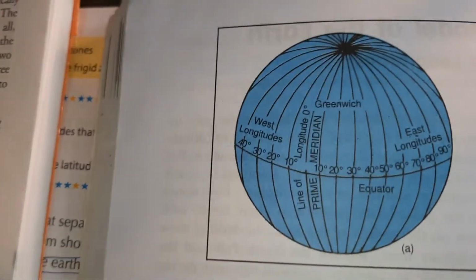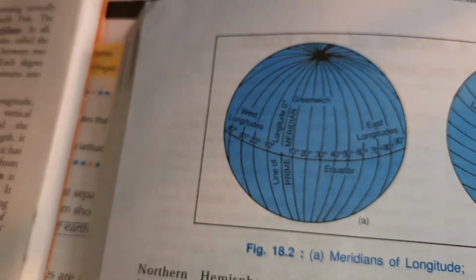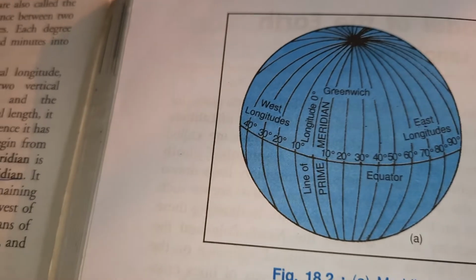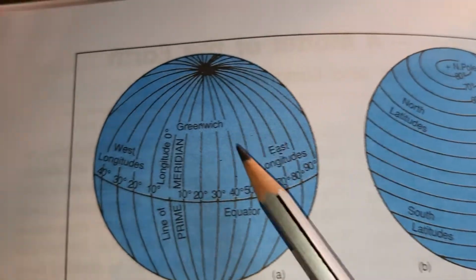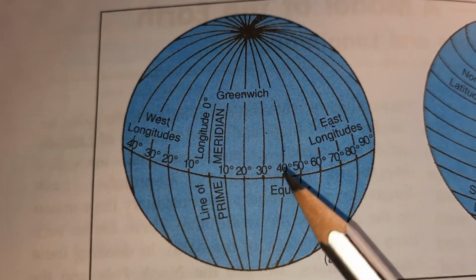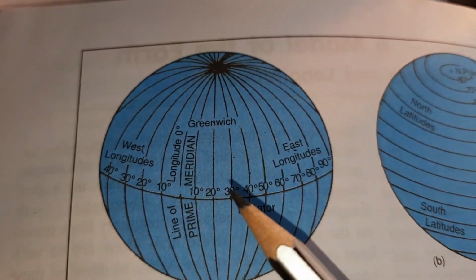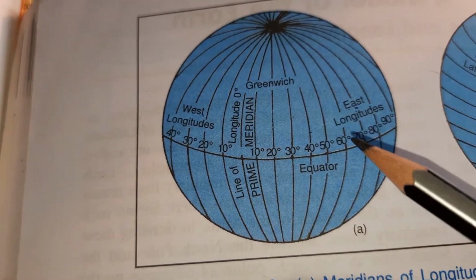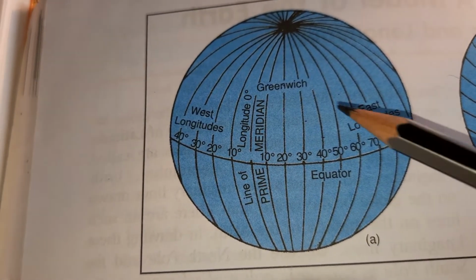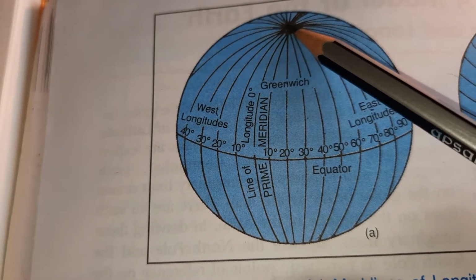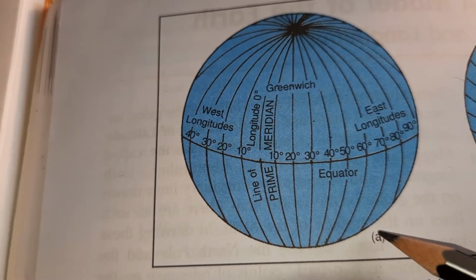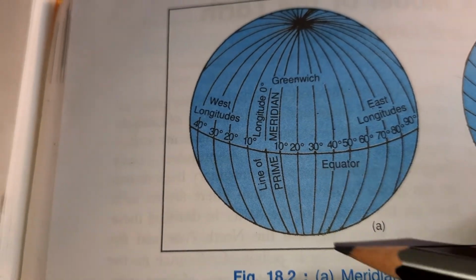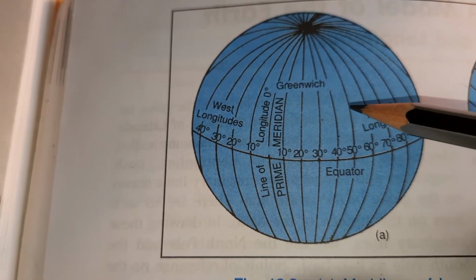Okay, look at this diagram. This is the diagram of longitudes. Define the longitudes. As you know, longitudes are imaginary lines running vertically from the North Pole to South Pole. So, you know vertical lines and horizontal lines.